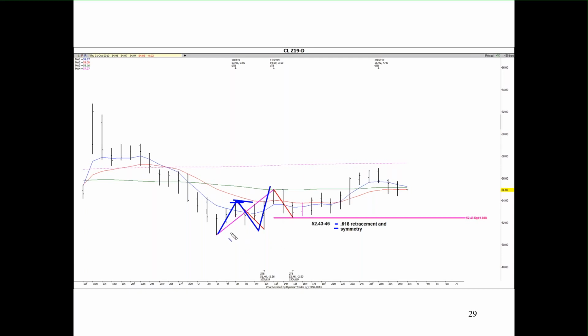And in this case, we had a 618 retracement of one swing and 100% of this prior decline that came in at 43.46. 46 was the actual low, and it doesn't look like a whole lot because of the scaling, but the rally was $4.46 off of simple symmetry with the 618. So that's one that I like to look at, especially for short-term work, for example, in the indexes.